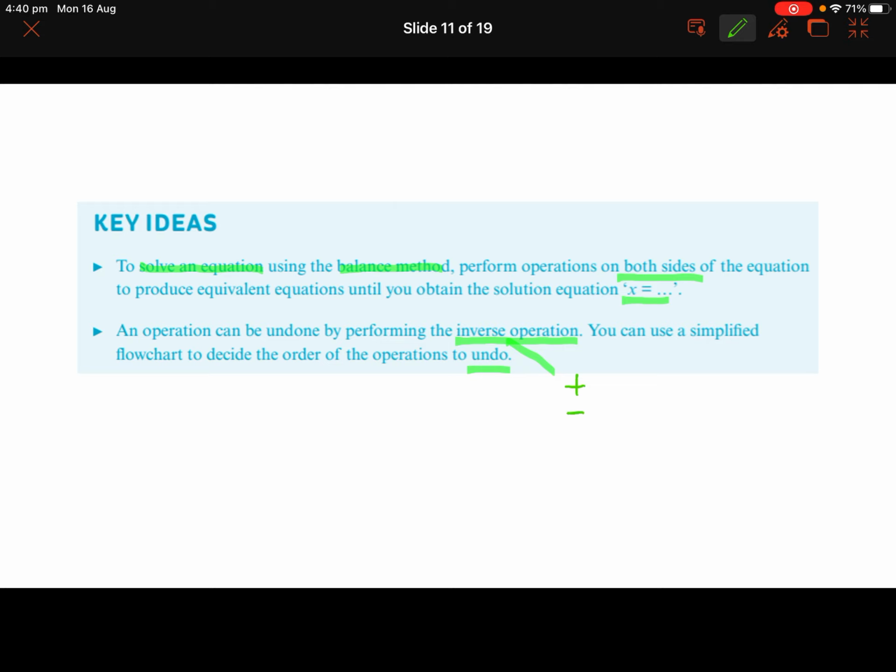We subtract, which means the opposite of subtracting is plus. The inverse of multiplying is divide, and the inverse or opposite of dividing is times. All right, so that's really important to know. If you're not sure where to start, then you can do your flowcharts like you've learnt before, but hopefully we're getting you to a point where you don't need to use those anymore.